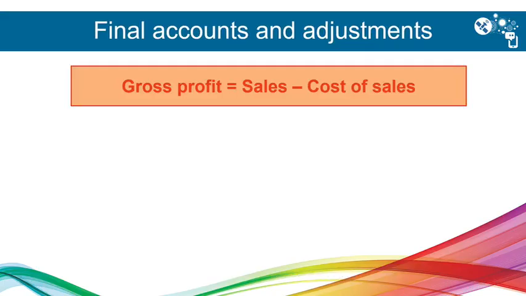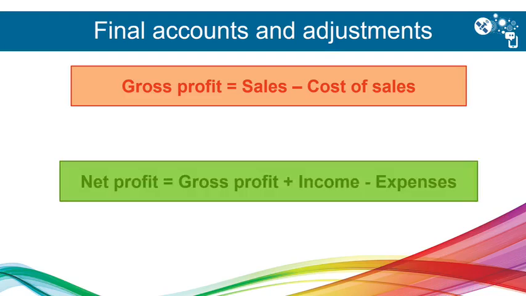We know that the gross profit, gross, again the big letter, equals sales minus cost of sales. Now what is cost of sales? Cost of sales is the cost price of what we sold. So if we take the sales amount of money that we received for that, and we subtract the cost of those items that we sold, then we get the gross profit.